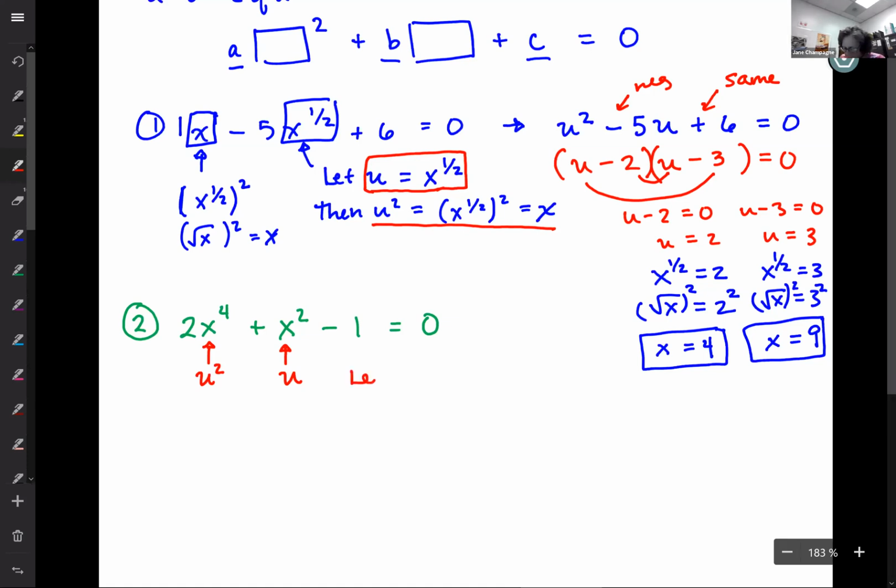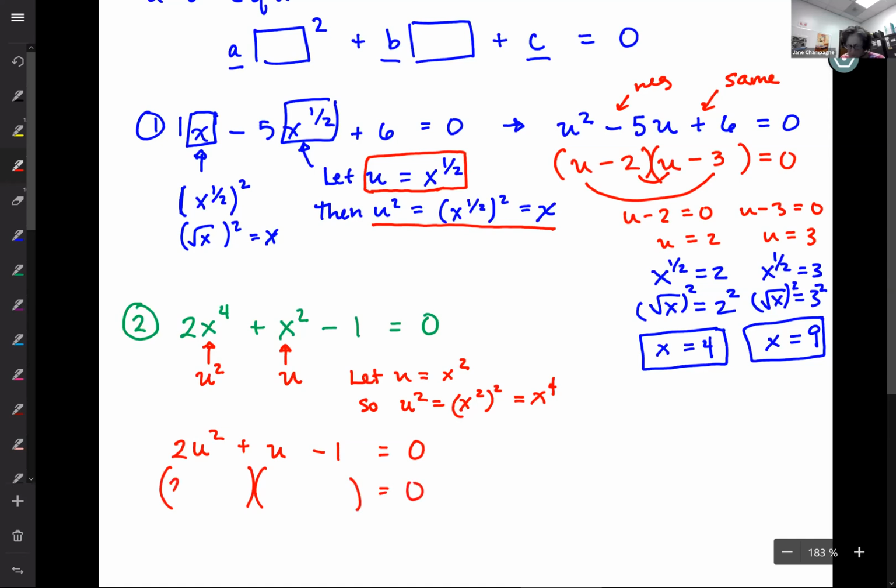So we're going to let u equal x squared so that u squared is x squared squared, which is x to the fourth. So we get an equation then in terms of u. 2u squared plus u minus 1 equals 0. And it should factor.